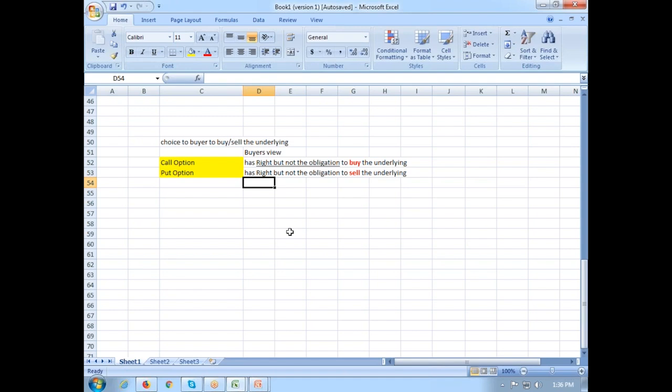Put option buyer has the right but not the obligation to sell the underlying.